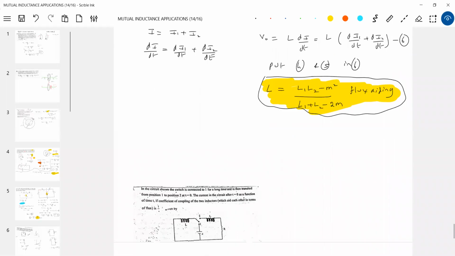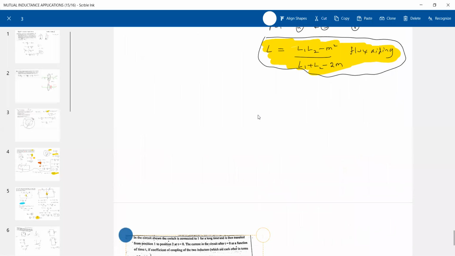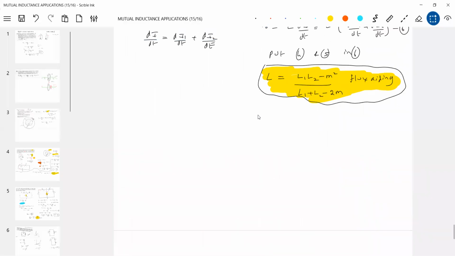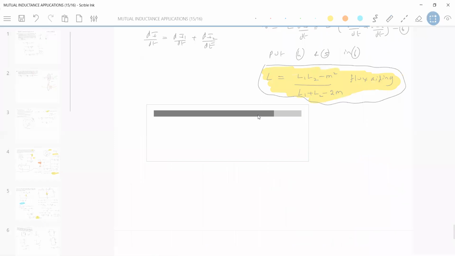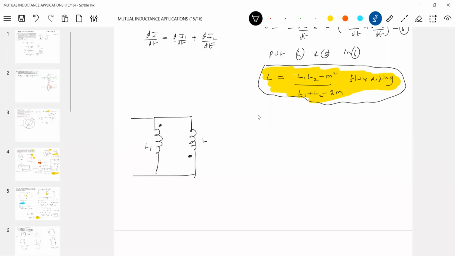Similarly, when the flux is opposing, we'll slightly modify the formula. You have to remember this formula, very important. We do have some applications based on this. We'll put a dot like this to show that the flux is opposing. Here, flux opposing.